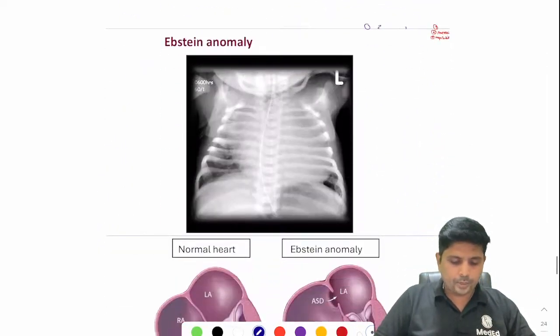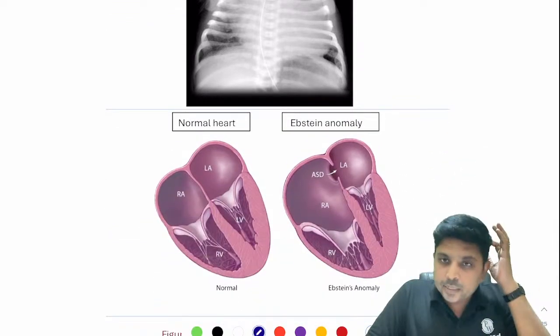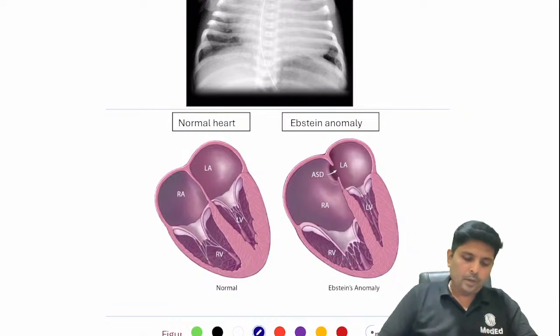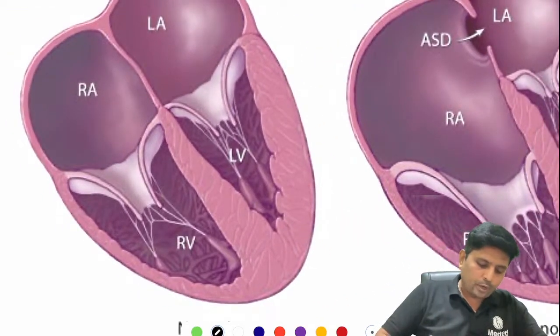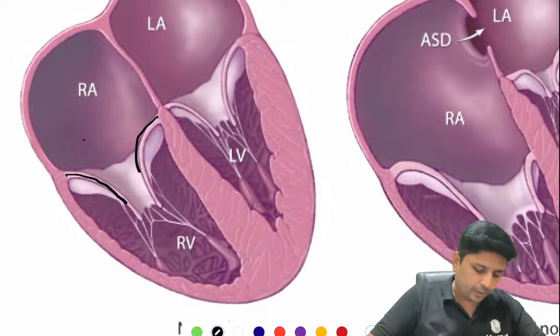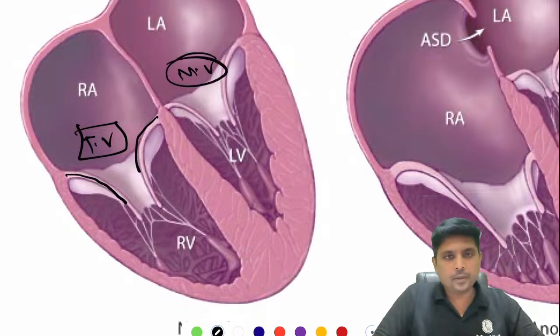Now let me teach you about Ebstein's anomaly. So these are all the obstructive lesions, the reduced pulmonary blood flow ones. So what is called Ebstein's anomaly? Normally, look at this: this is the tricuspid valve, this is the mitral valve.